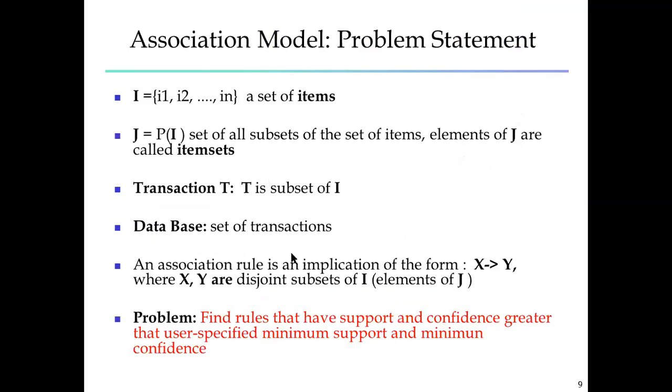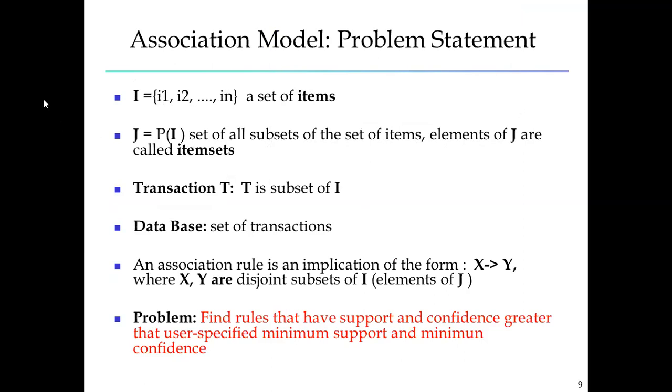Association model problem statement. Capital I represents the set of atoms, where small I1, I2, up to In are the atoms. J equals the power set of I, the set of all subsets of the set of atoms. Elements of J are called atom sets.